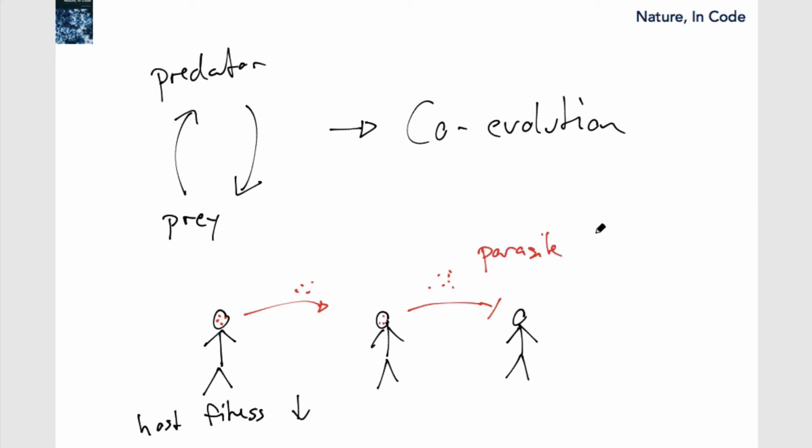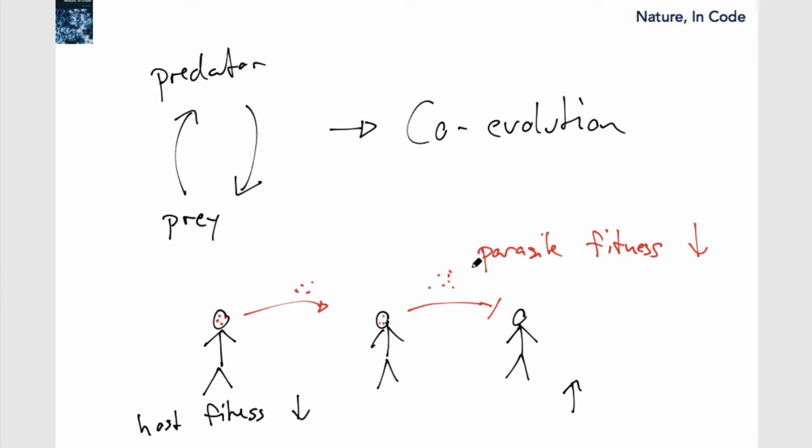Again, because the parasite cannot reproduce without the host. So in terms of fitness for the parasite, that has just decreased quite dramatically. On the other hand, that host, compared to the host here, has a fitness that is increased because it doesn't get sick, and therefore compared to the sick host, its chances of surviving and reproducing are higher.